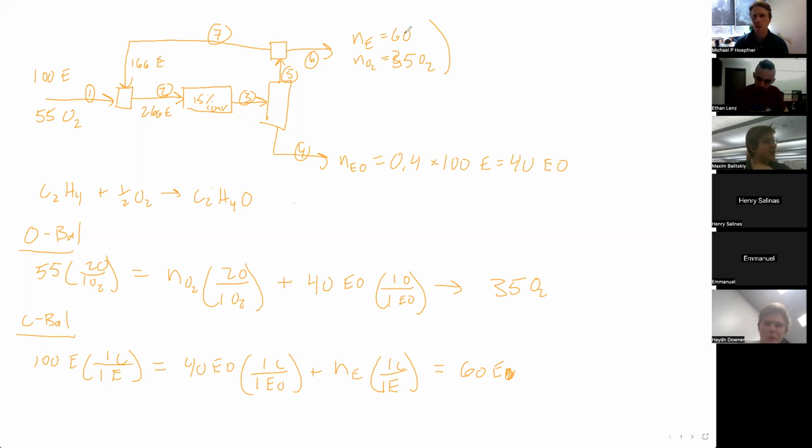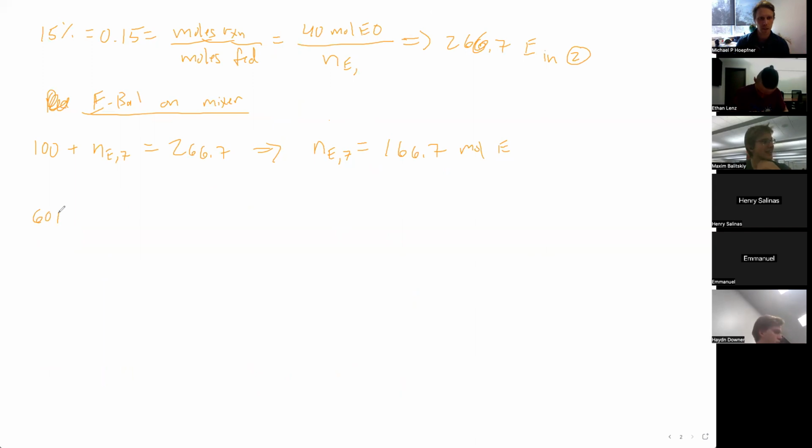We know that for every 60 ethylene, we have 35 O2. So that means the flow rate of oxygen in stream 7 is equal to 166.7 ethylene, and for every 60 ethylene, we have 35 O2.